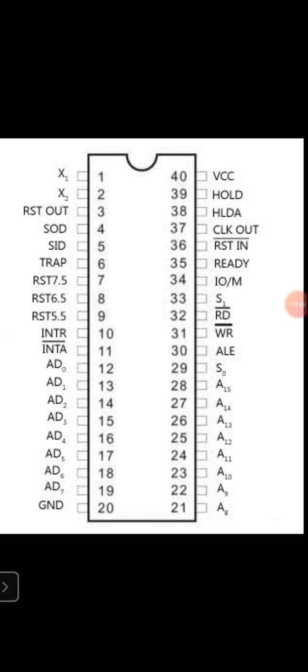These are the pins to be connected to an external crystal oscillator, which drives the total internal circuitry of the microprocessor to produce a suitable clock.